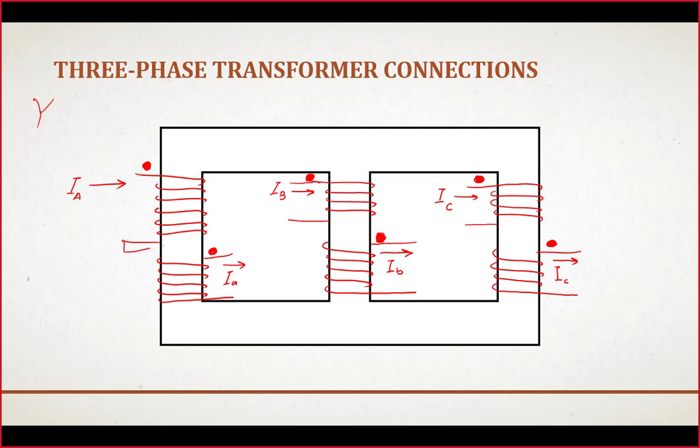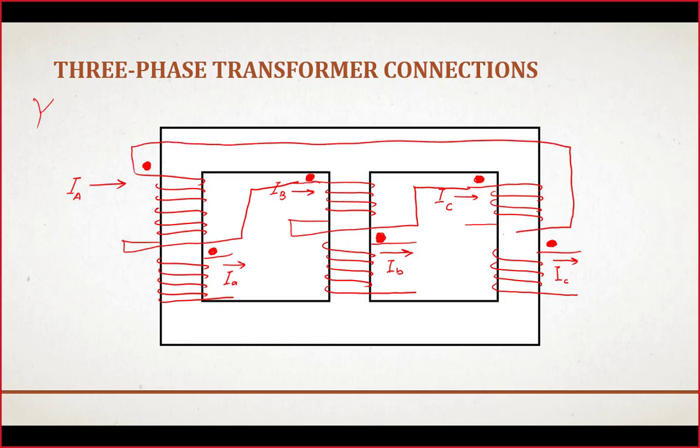Here, if I complete the delta connection, this is the non-dotted end of phase A with the dotted end of phase B, the non-dotted end of phase B with the dotted end of phase C, and finally the dotted end of phase A with the non-dotted end of phase C. This is a closed loop, so this is known as a delta.